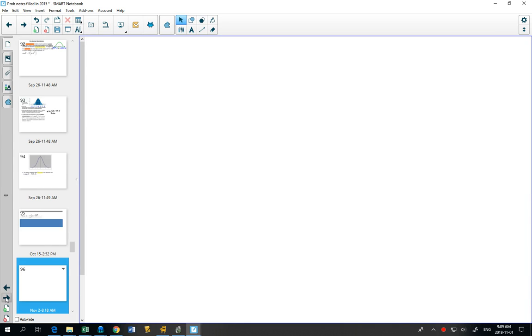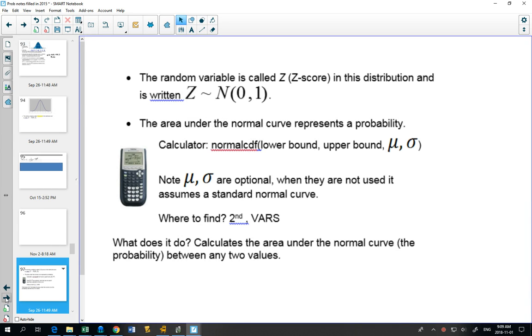So there's a blank page to make you happy. And right here, we're going to get introduced to another thing on our calculator, Normalcdf.